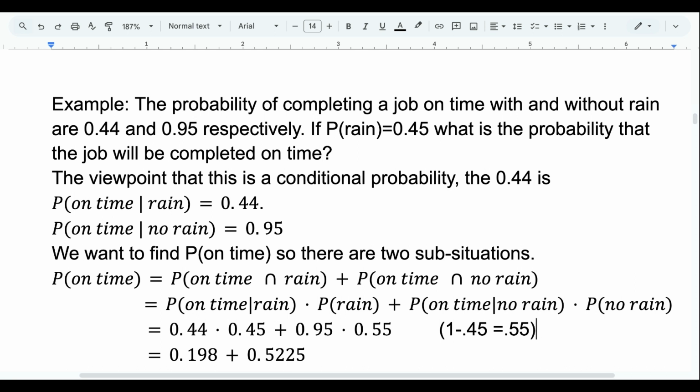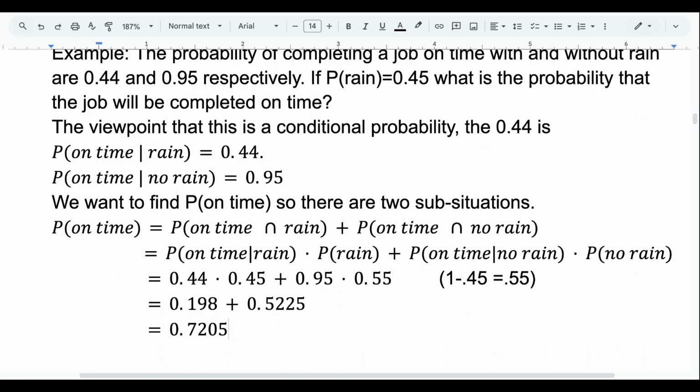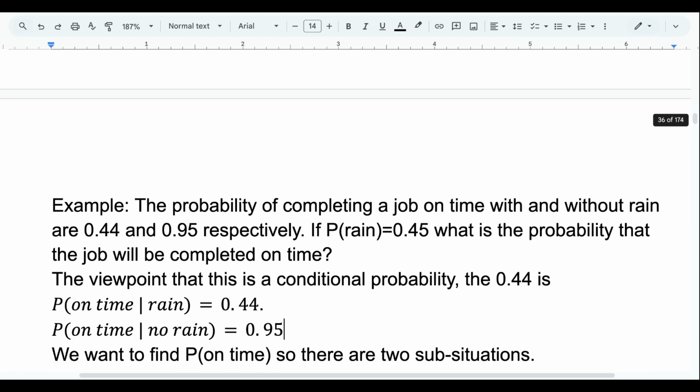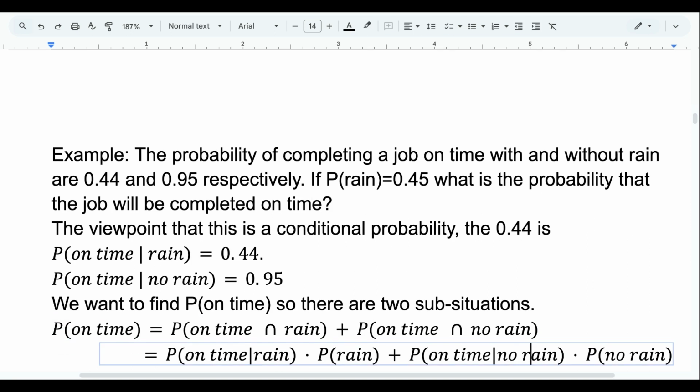Then we multiply that out and total it up and get a probability of approximately 0.72. So that's the probability the job will be completed on time.